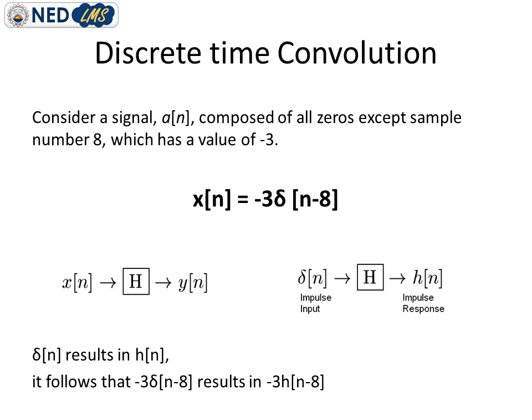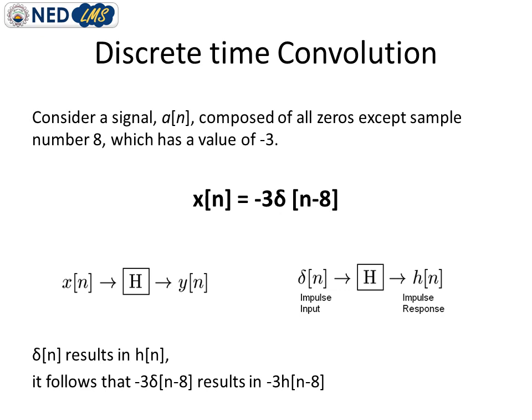Suppose you have a signal x of n composed of all zeros except sample number 8, and assume the value at sample number 8 is -3.